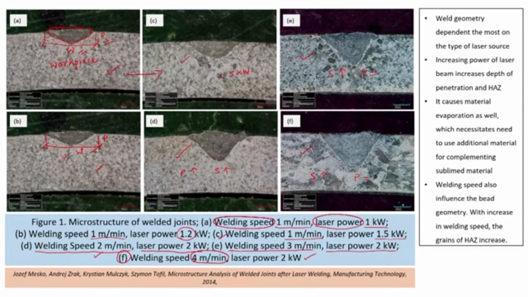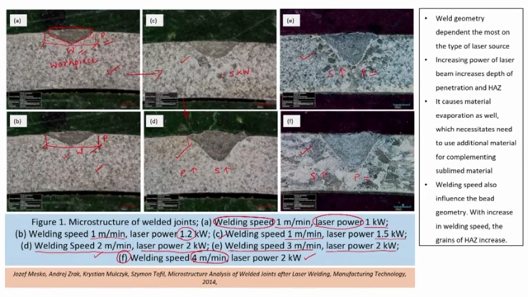Now, from C to D, in this case we are increasing the speed, that means we are reducing the interaction time, and we are increasing the laser power as well. So, laser power has further considerably increased and the interaction time has been considerably reduced. When interaction time has been reduced, the power density is more.